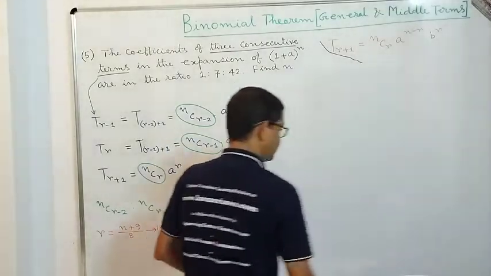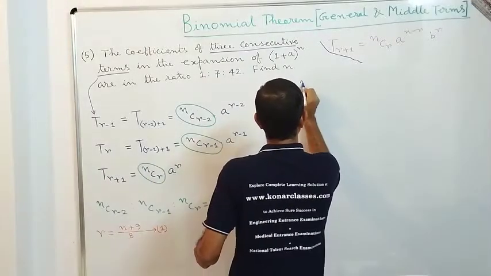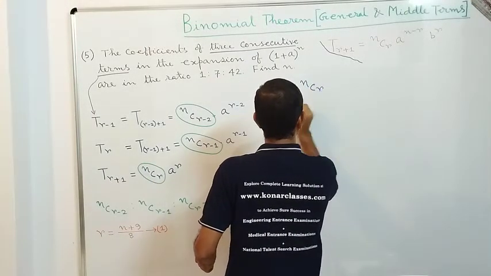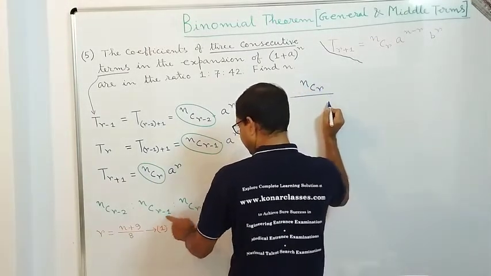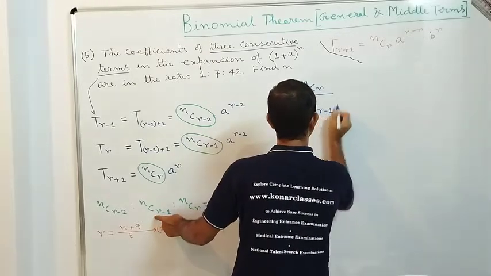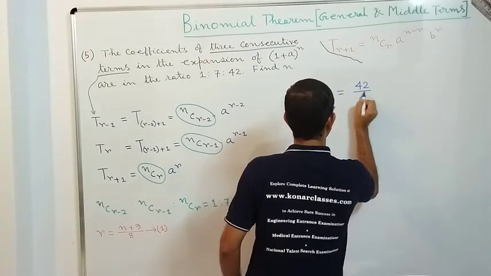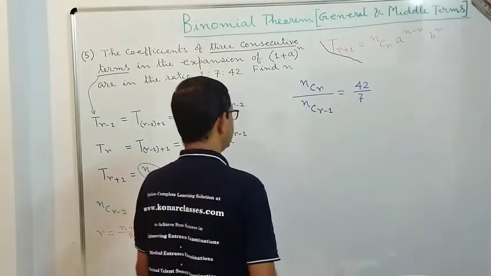So what I am saying, dear students, is nCr divided by nC(r minus 1) is equal to 42 divided by 7.